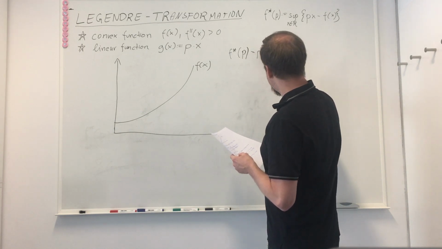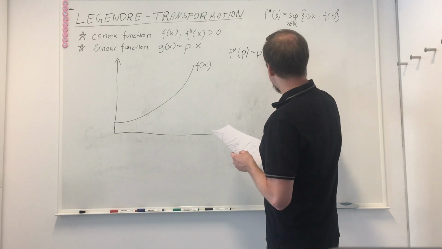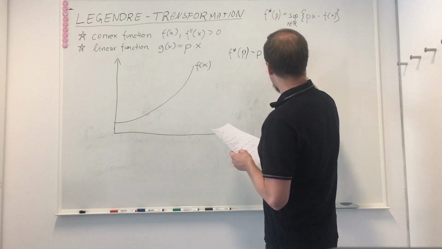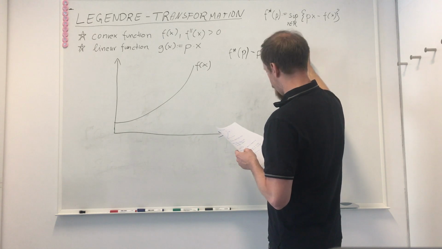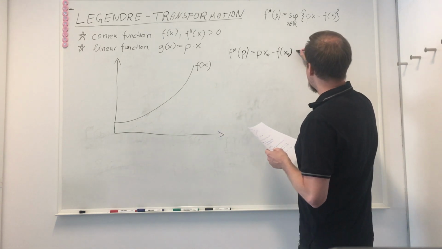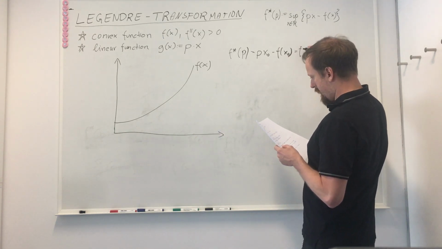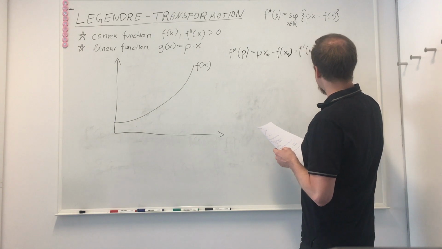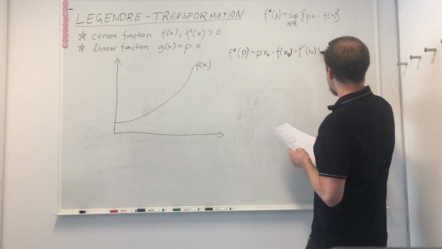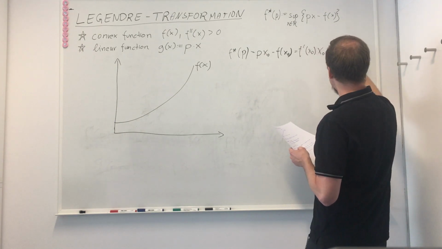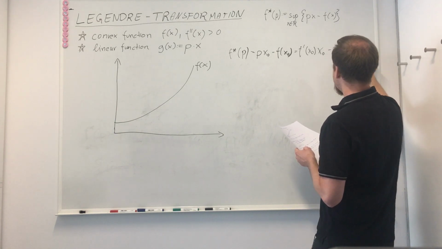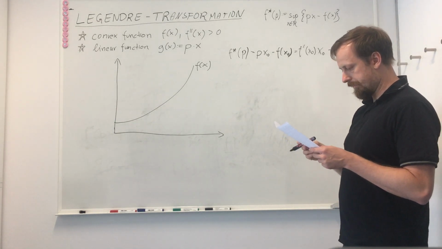It is p times x naught minus f of x naught. And p we have found is f prime at x naught, times x naught minus f of x naught.